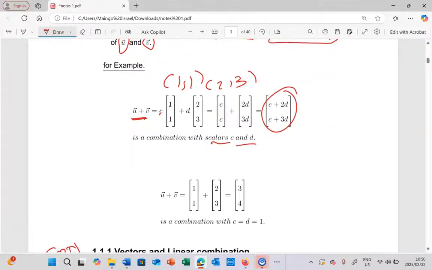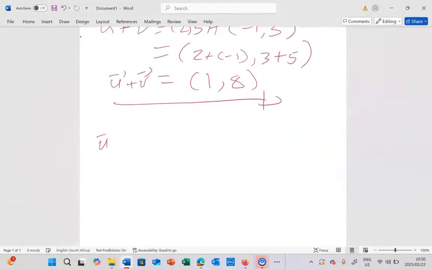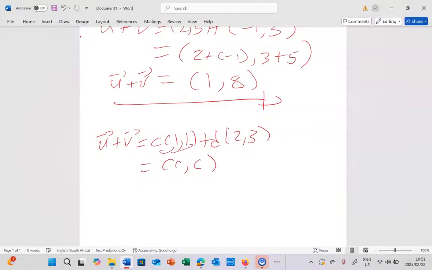You can also represent this in this way. We have u plus v, which equals c times (1, 1) plus d times (2, 3). This is c when you multiply each component, plus 2d, 3d when you multiply.